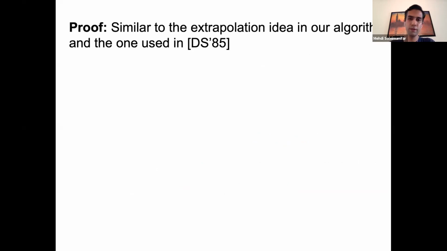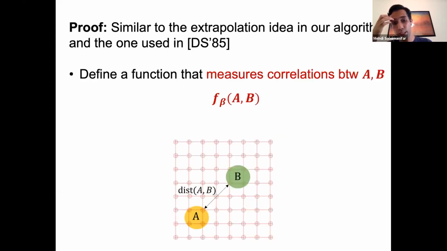So the idea of the proof is similar to the truncated Taylor expansion that I mentioned before. What we do is that we define a function, f of beta, that measures the correlations between spins in regions A and B. So this is similar to that covariance thing I wrote for quantum systems in the previous slide, but it's modified a little bit to have certain properties.